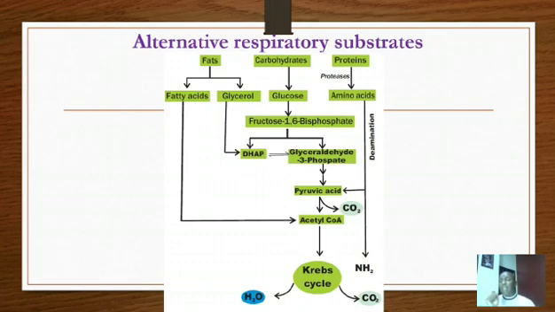Remember, glyceraldehyde 3 phosphate or triose phosphate is an intermediate within glycolysis, when fructose 1,6-bisphosphate, a 6-carbon compound, is broken down into 2 3-carbon compounds, each called glyceraldehyde 3 phosphate, and then glycolysis proceeds. Meaning glycerol is converted into glyceraldehyde 3 phosphate or triose phosphate, and then fed into the glycolytic pathway.